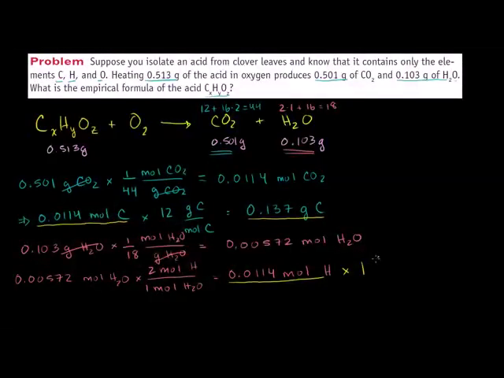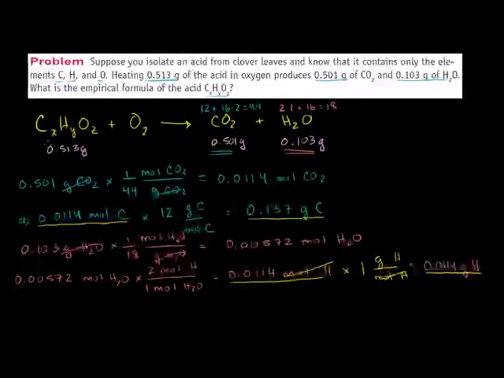Times 1 gram of hydrogen per mole of hydrogen. I wanted the moles in the denominator, so moles cancel with moles. So we also have 0.0114 grams of hydrogen. So that's another important takeaway.